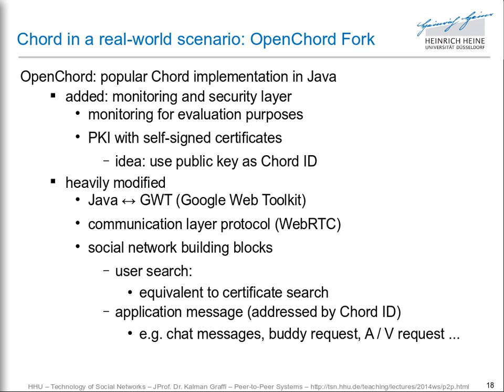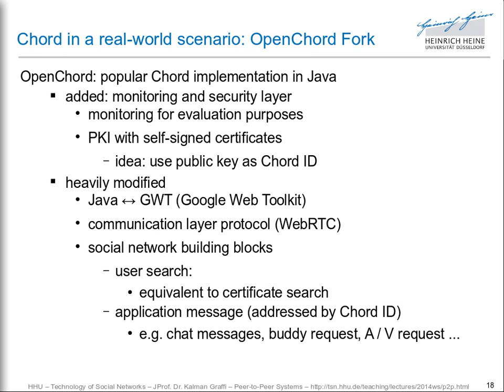On the communication layer, we had to modify the existing protocols because we wanted to use WebRTC, and we also added some social network building blocks, for example, a user search in our Chord ring.